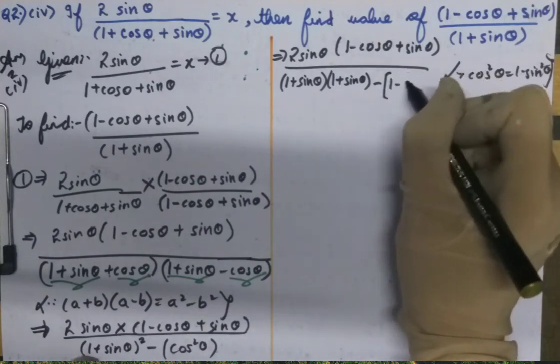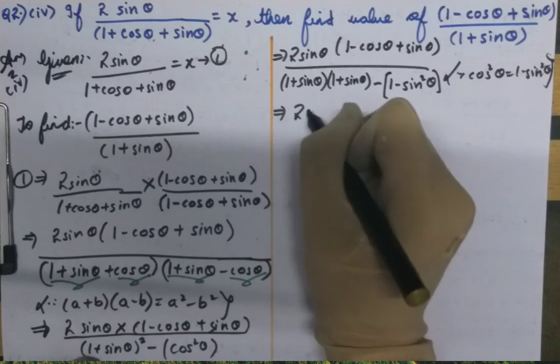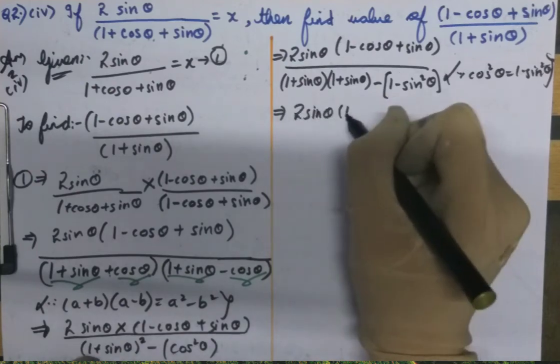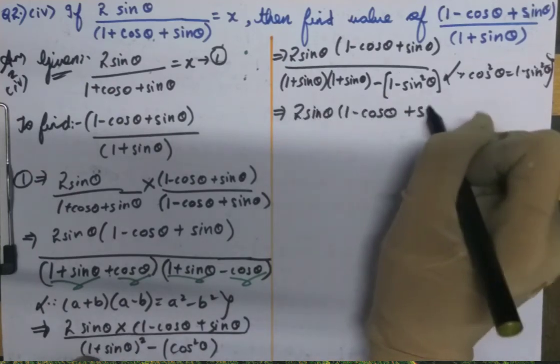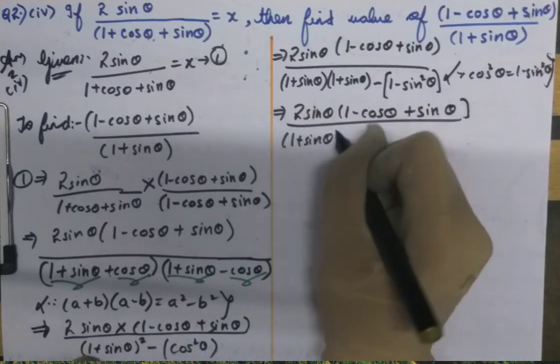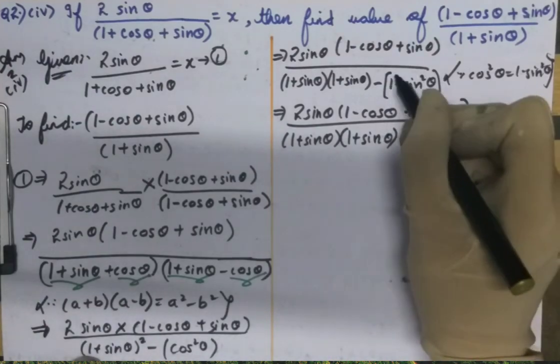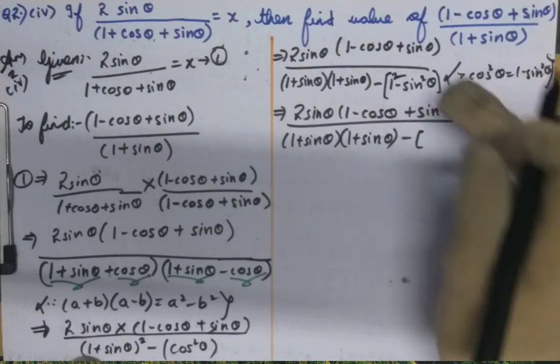Cos square theta is 1 minus sine square theta. So it implies 2 sine theta into (1 minus cos theta plus sine theta) whole, divided by (1 plus sine theta) into (1 plus sine theta) minus, as it is, this is the form of A square minus B square, because 1 can be written as 1 square.